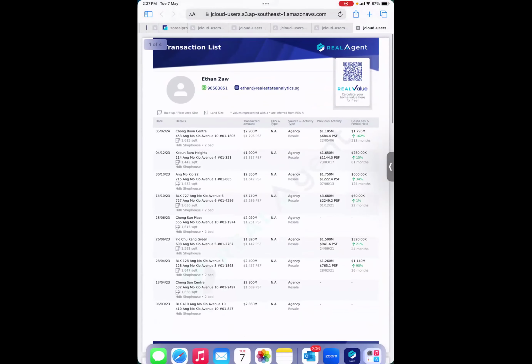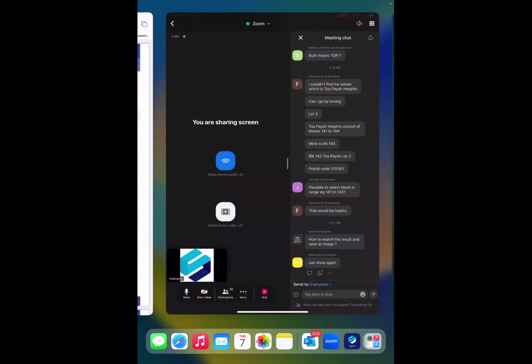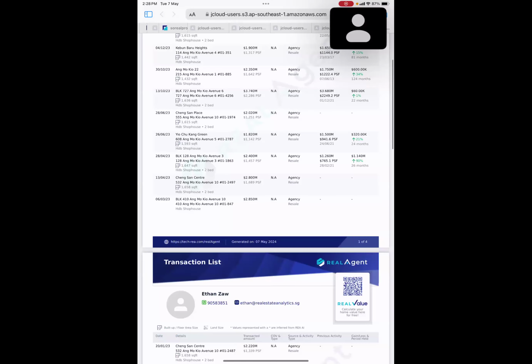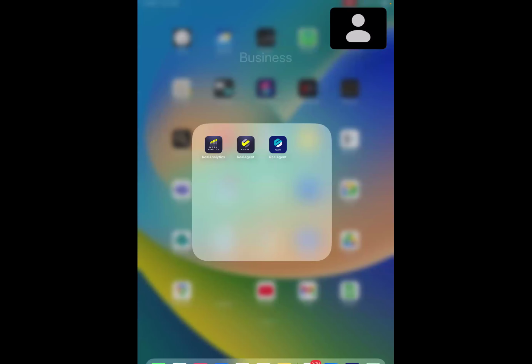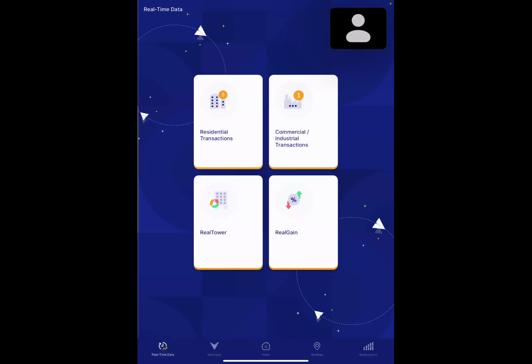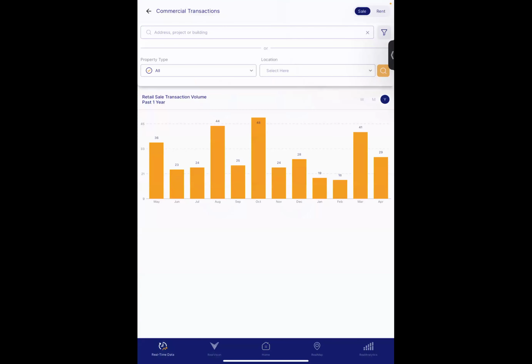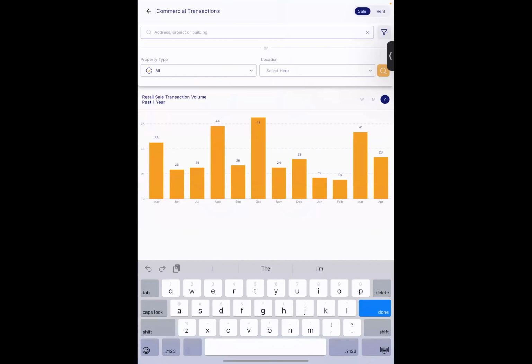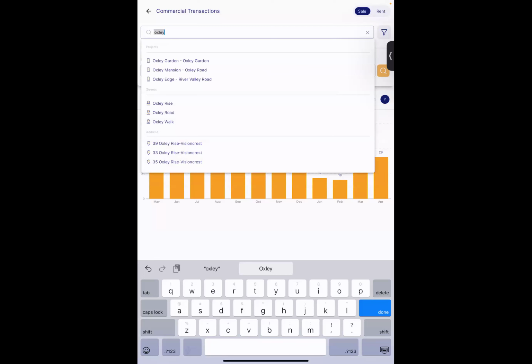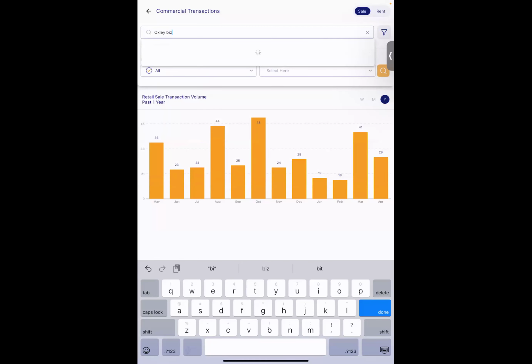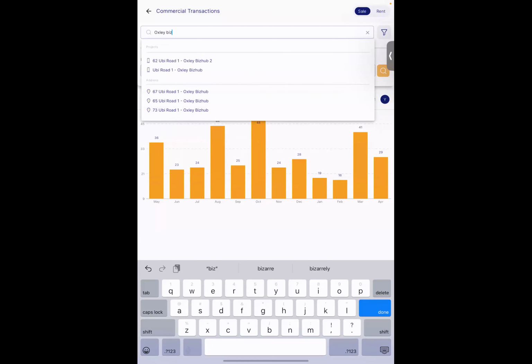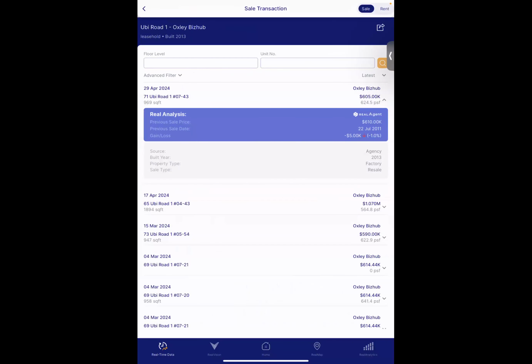Okay, I show again. Let's say I go to commercial transactions. Same thing as residential transactions, you can export also. Let's say I choose Oxley BizHub.